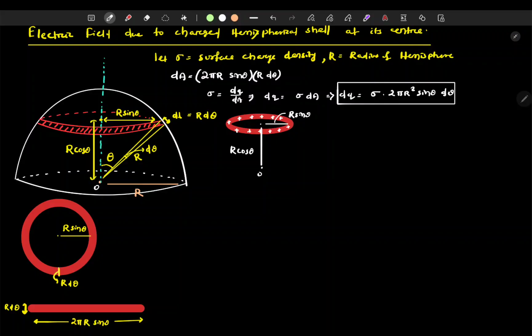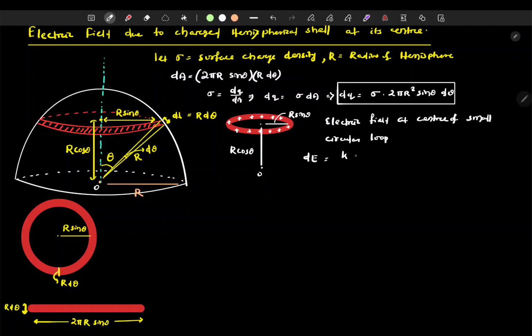General formula: electric field at the center of this small circular loop. Write first the general formula.